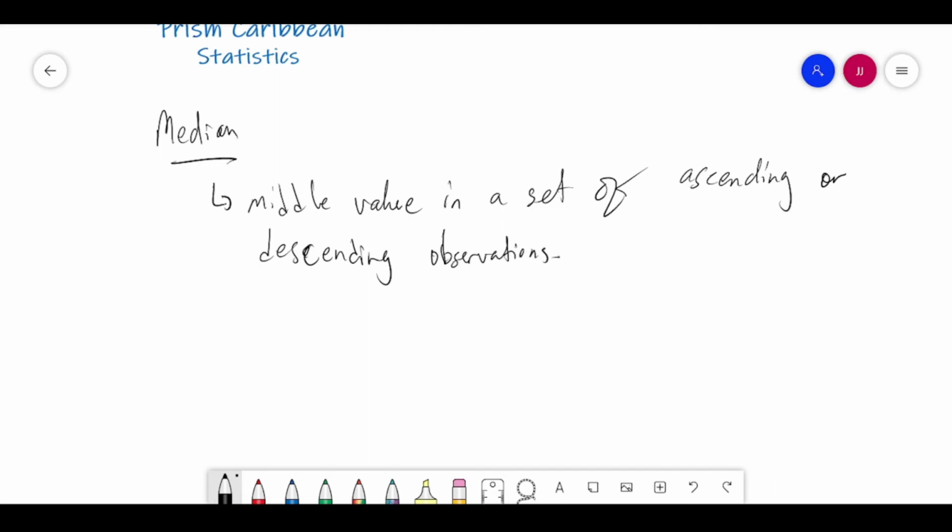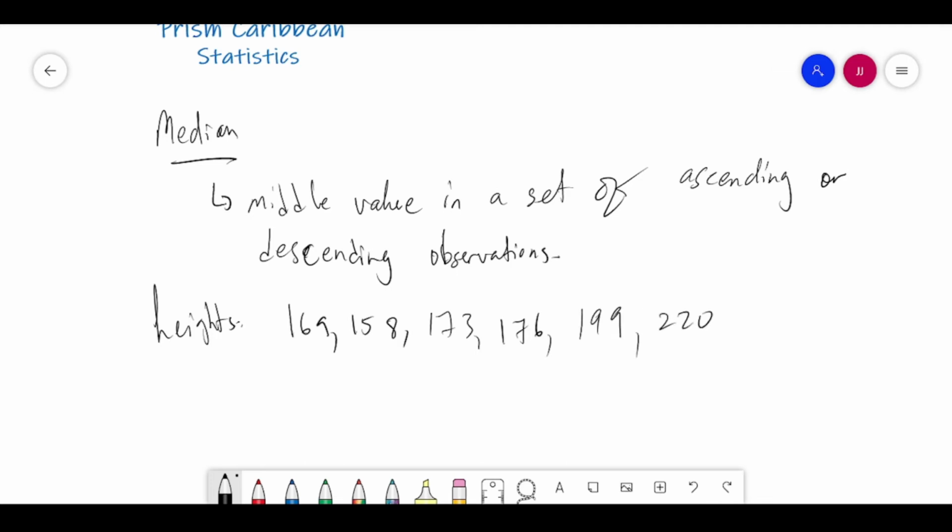So let's say we are given some heights, right? Heights as 169. Let's say all of these are in centimeters, just for the time being. We have 169 centimeters, we have 158, we have 173, we have 176 centimeters, 199, and we have a pretty tall person at 220 centimeters, right?